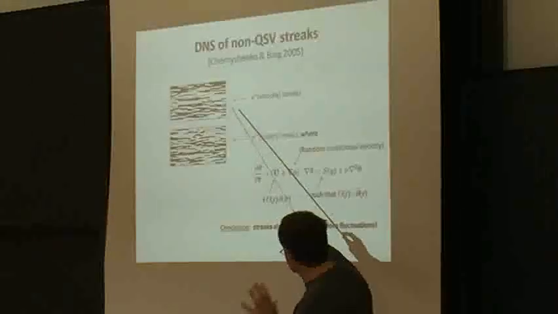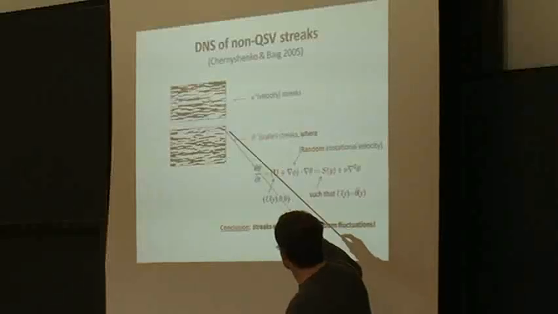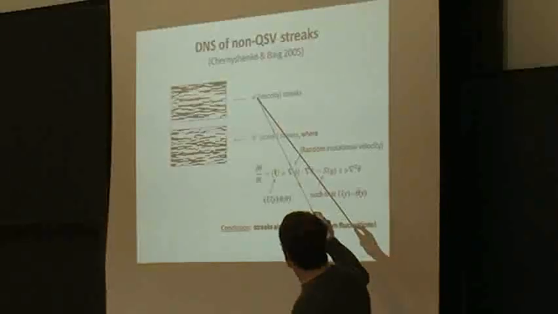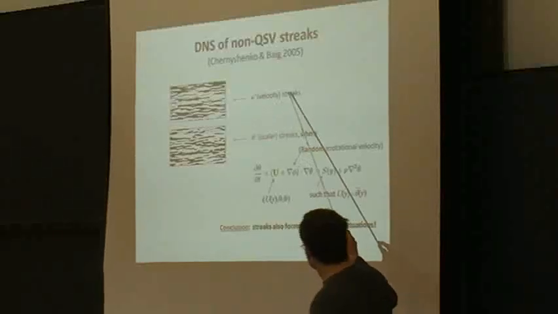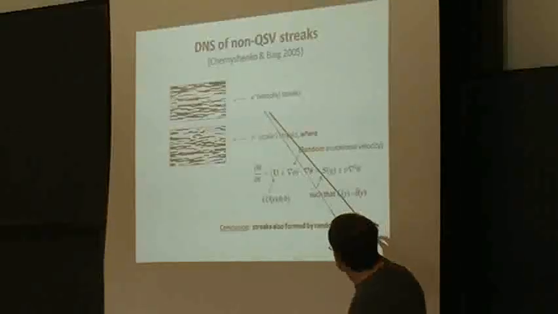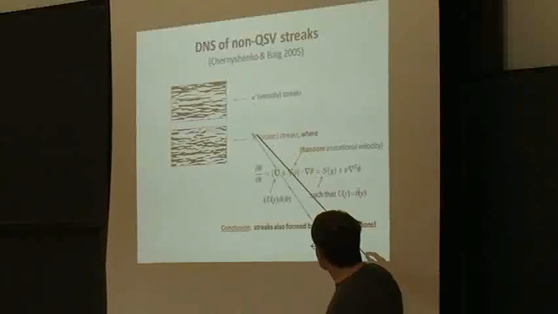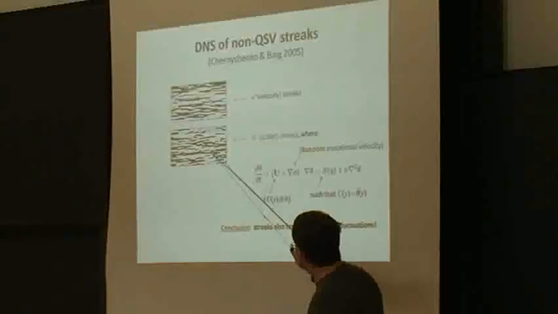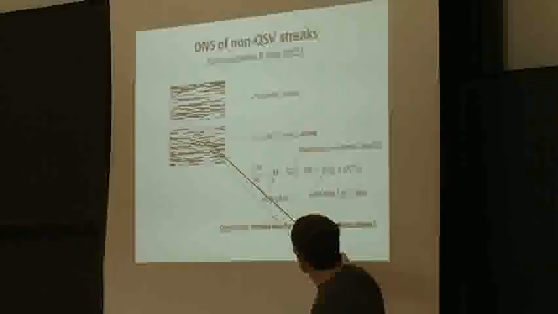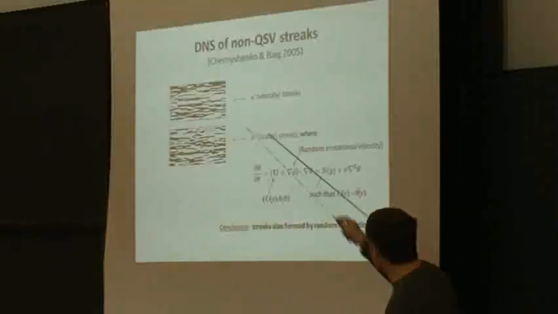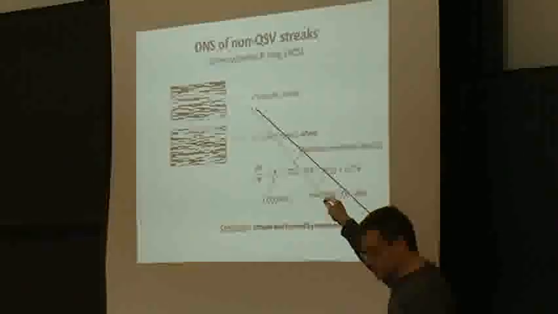This is the numerical experiments they did. These are just scans from their paper. These are the streaks, showing contours of streamwise velocity fluctuations. And as has been pointed out a few times over the last few days, the streamwise velocity component can be thought of as behaving essentially as a passive scalar. This is the contours of a passive scalar equation that was solved at the same time, embedded in that velocity flow.